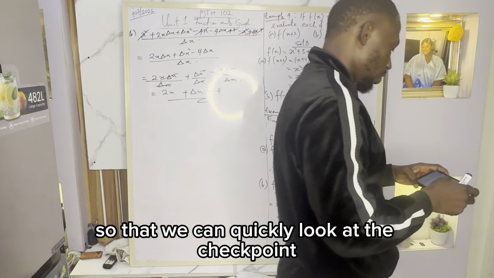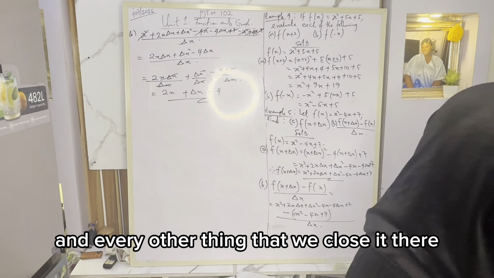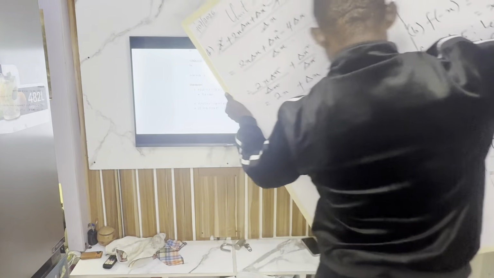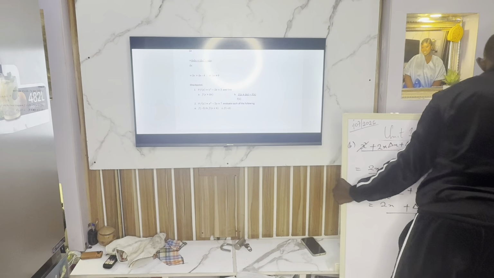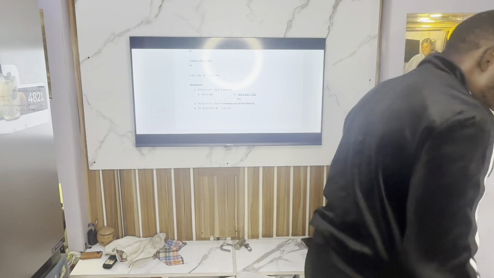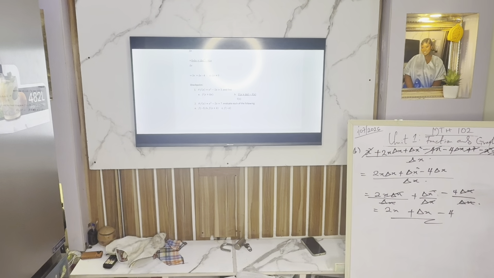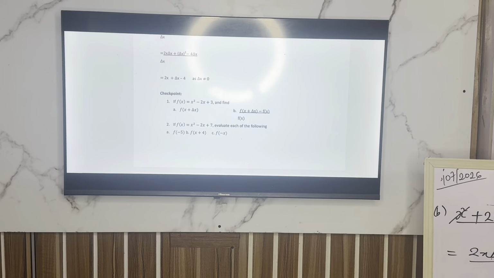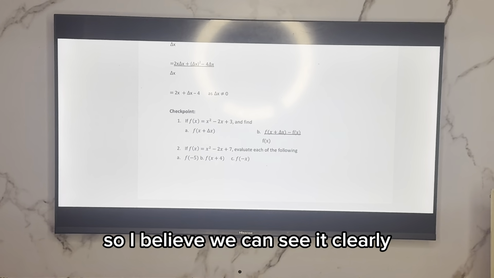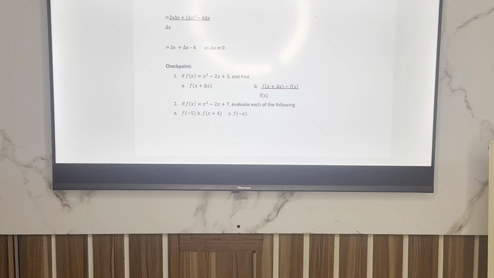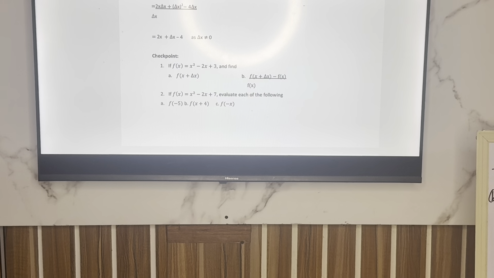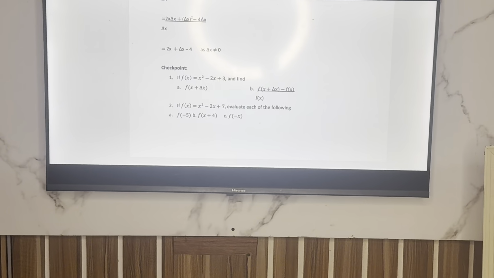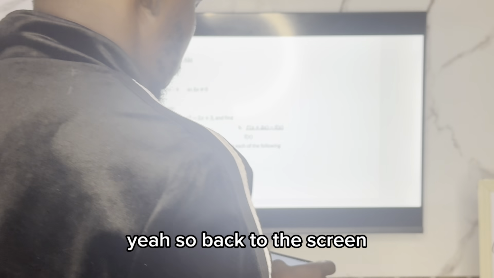So let's go back to the screen so that we can quickly look at the checkpoints and everything else.